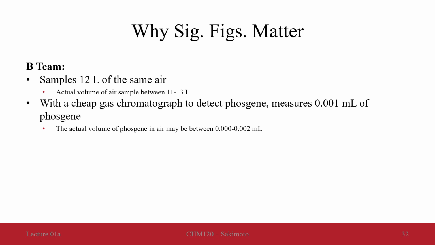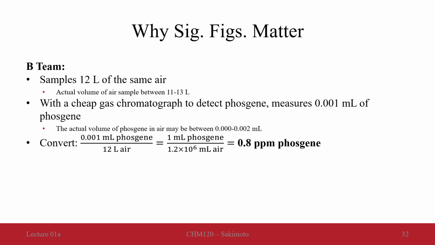They use a much cheaper gas chromatograph to detect the amount of phosgene, and they measure 0.001 milliliters of phosgene. Again, 1 significant figure. The zeros before the 1, not significant. 1 significant figure, meaning the actual volume of phosgene, this toxic chemical that they measured, lies somewhere between 0 milliliters to 0.002 milliliters.